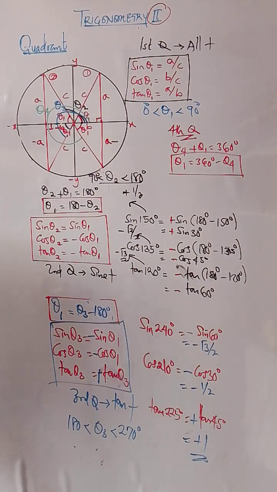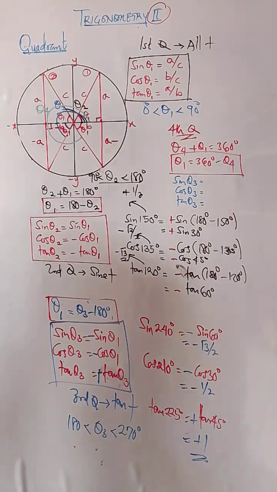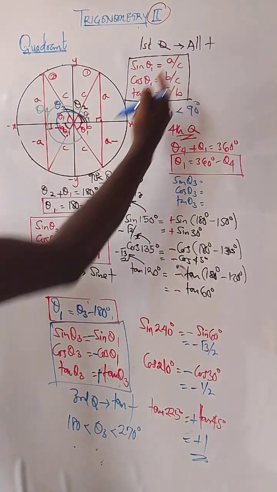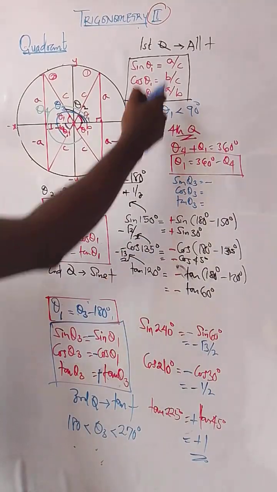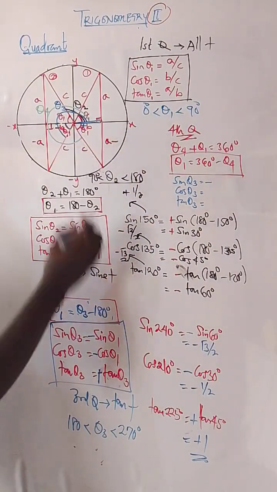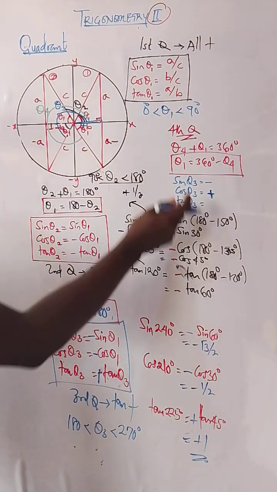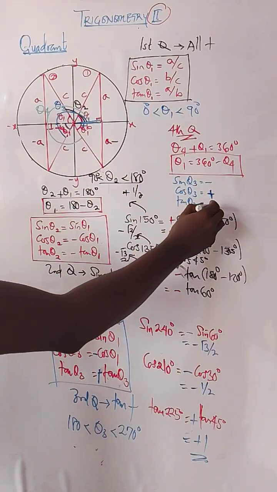So now what happened to sine, cos, and tan? What happened to their signs? For sine, it is A over C and A is negative. So sine will be negative. For cos, it is B over C, but B is positive here. So that will be positive. For tan, A over B, A is negative, so tan will be negative.